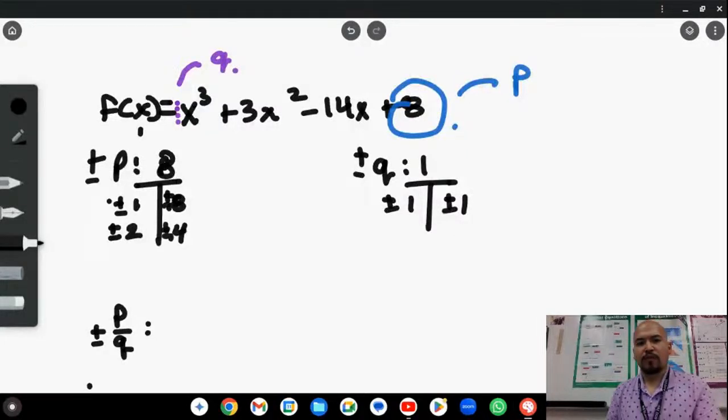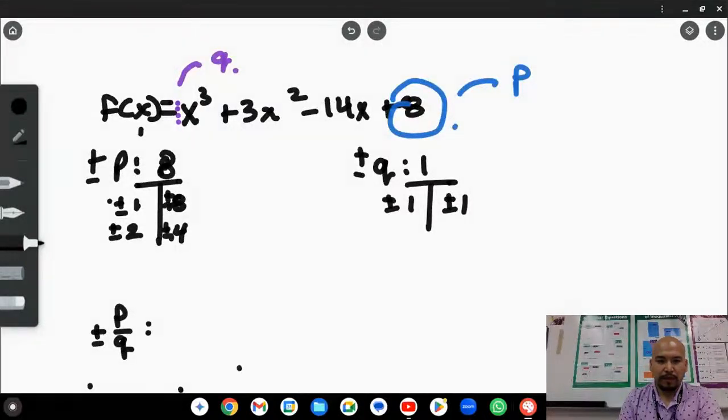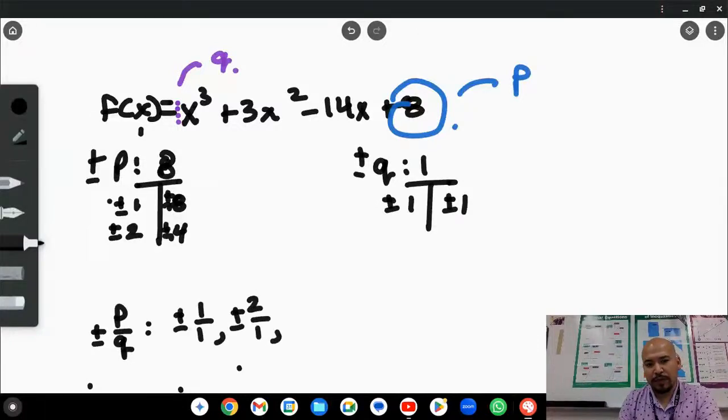When you use the rational root theorem, you're going to divide all the p terms by q. Since your q only has the factor of 1, I'm just doing plus and minus 1 divided by 1, plus and minus 2 divided by 1, plus and minus 4 divided by 1, and plus and minus 8 divided by 1.